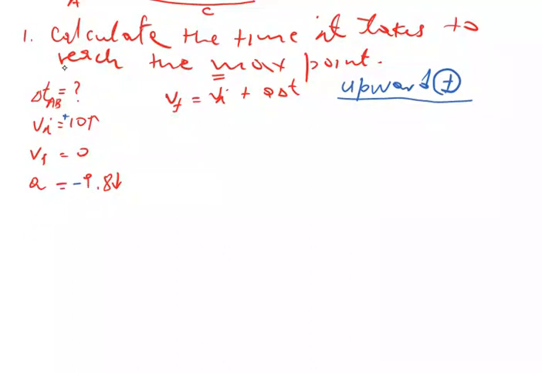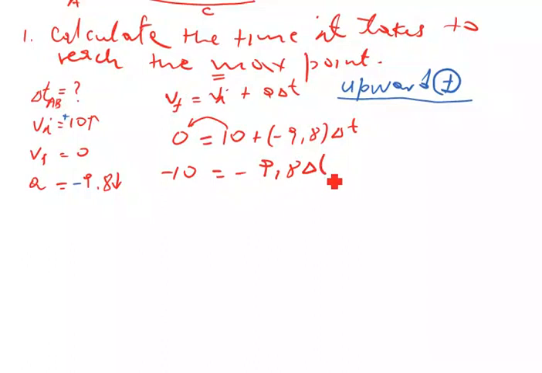Now we can substitute. So the final velocity is 0. The initial velocity is positive 10 plus the acceleration, negative 9.8 delta t. So we are going to transpose 10 to that side. So we have negative 10, which is equal to negative 9.8 delta t.